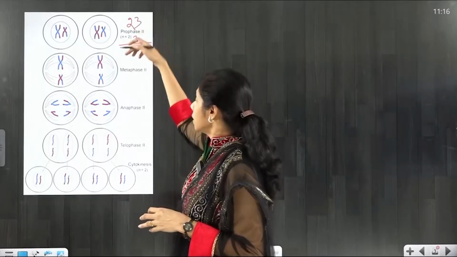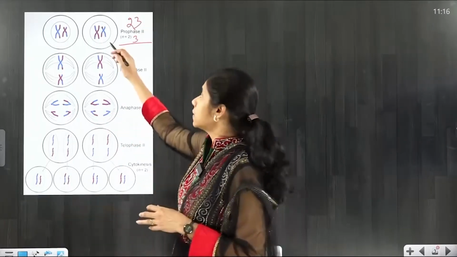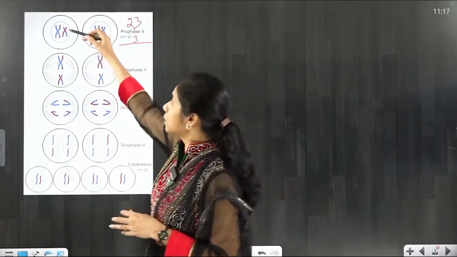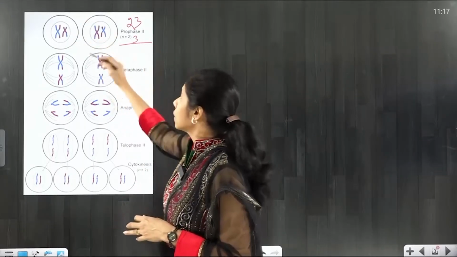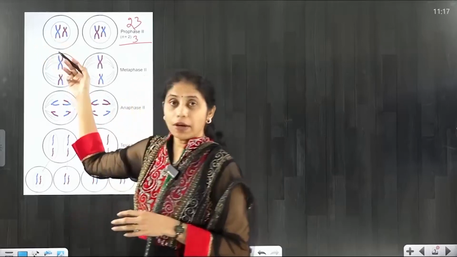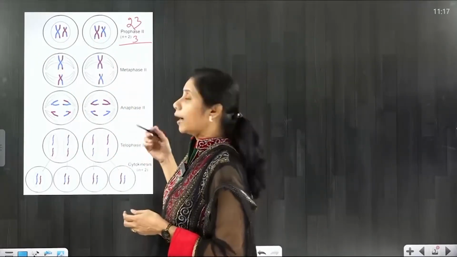If you take 23 like this, it will happen. First let us see for the two chromosomes, because you can see the blue one got the pink one and the pink one got the blue one. These two daughter cells are haploid, each one having two chromosomes. So both of them are entering into meiosis-II, karyokinesis 2.